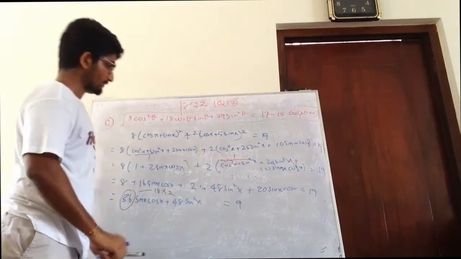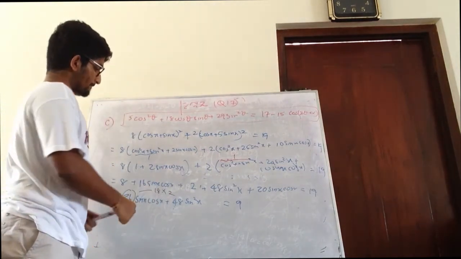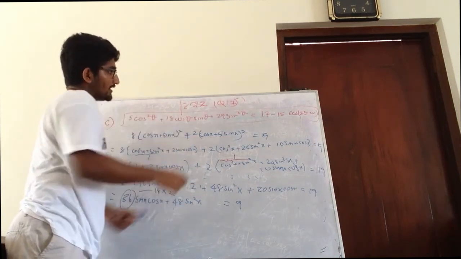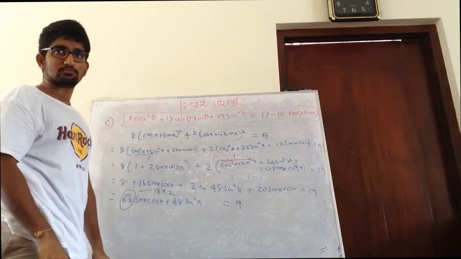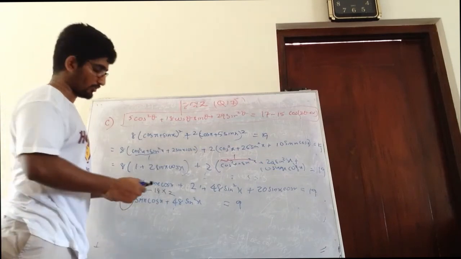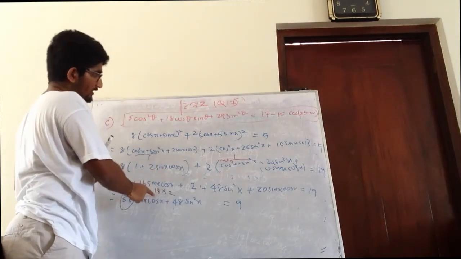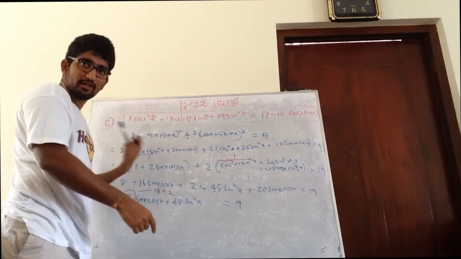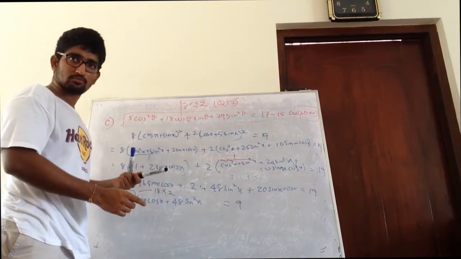I have to make this twice 29 as well. This is 18 into 2, I can make this 29 into 2, which is 58, no?